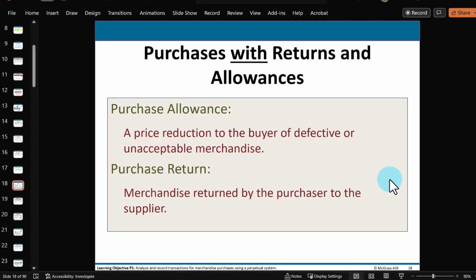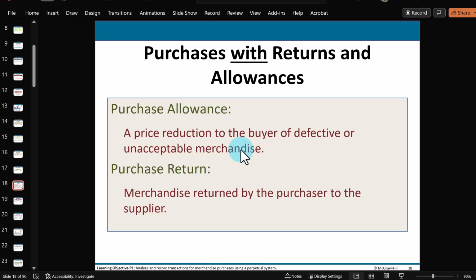Now, there are other types of transactions that can go along with the purchase of merchandise. For example, maybe the merchandise that's delivered is defective, or maybe something that we didn't order, like the wrong size or the wrong color. And so we contact the seller and we say, this is not what we ordered. And to keep things simpler, the seller says, no, keep the merchandise.